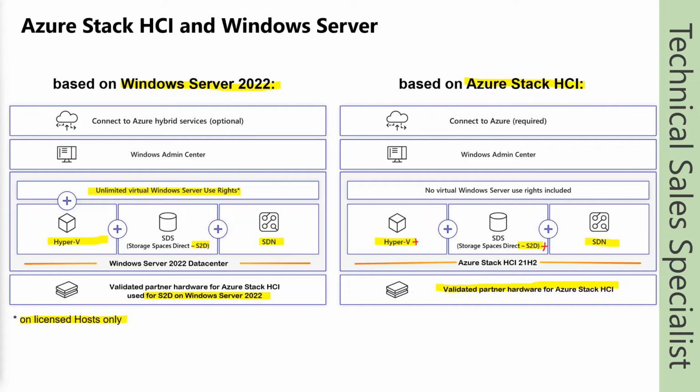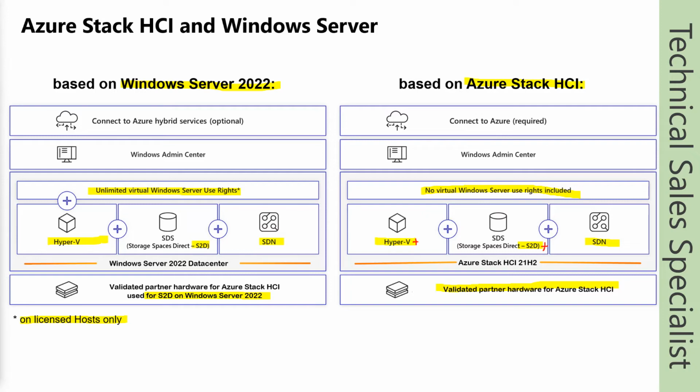In Azure Stack HCI, we learned in the licensing module that there are no virtual Windows Server use rights included. So we can add the Windows Server licensing based on the Azure subscription, or we can add the Windows Server licensing via bring your own license, adding Windows Server 2022 Datacenter licenses to enable automatic virtual machine activation for our virtual machines.